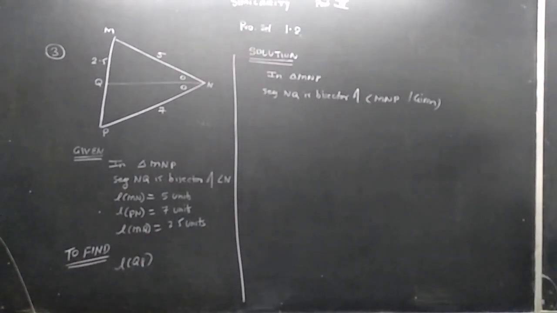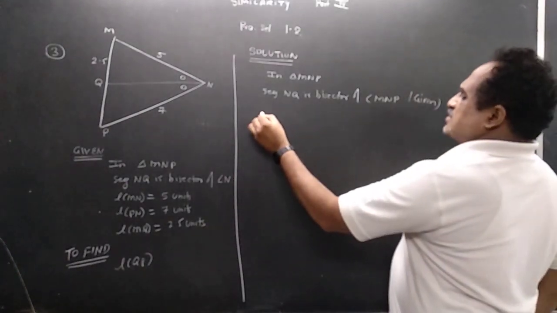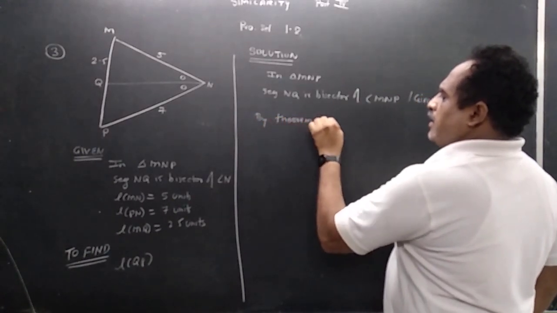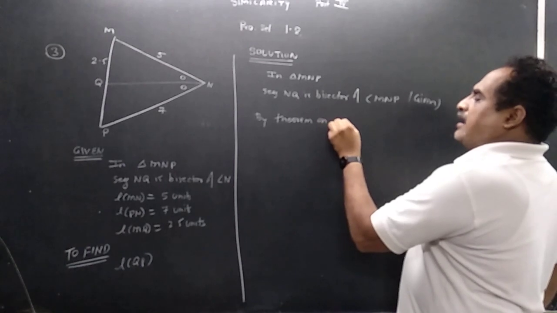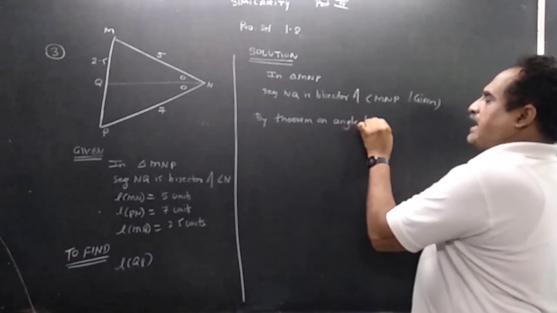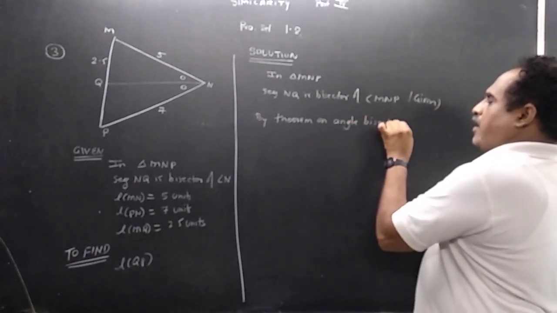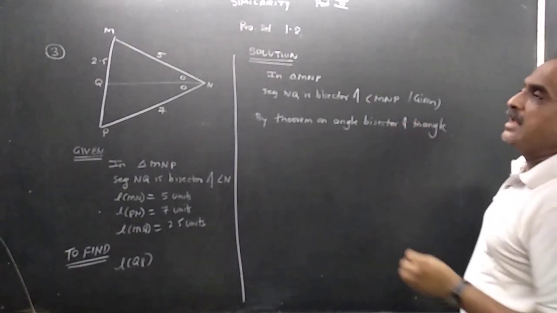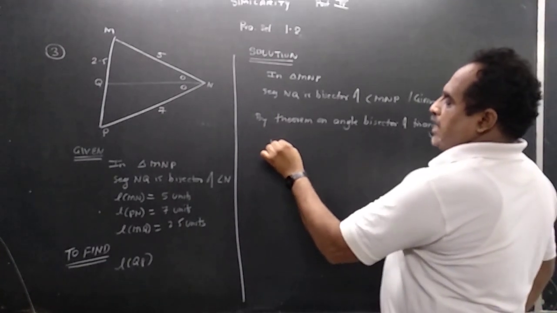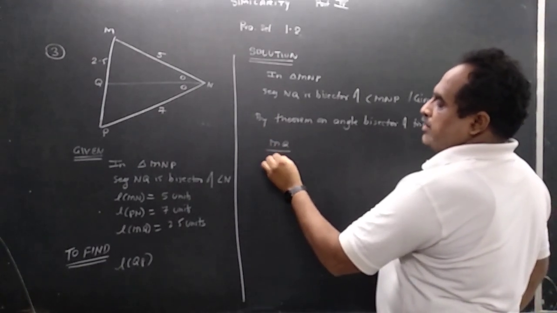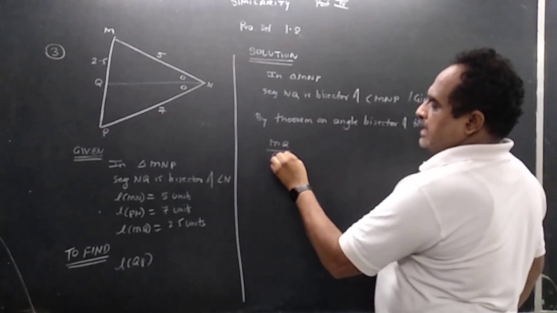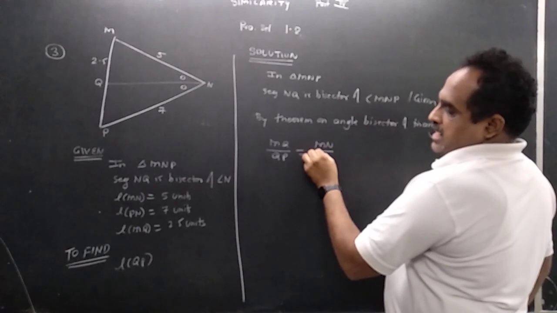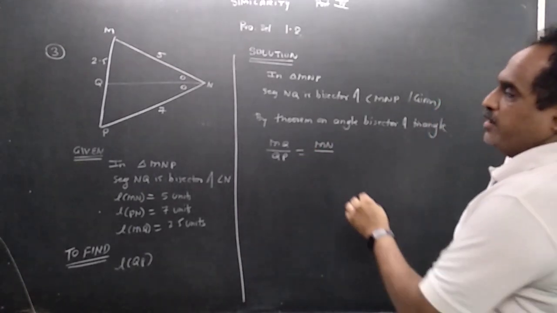The theorem on angle bisector of a triangle. MQ upon QP is equal to MN upon PN.